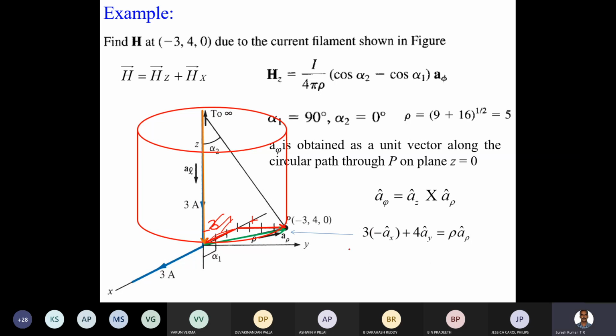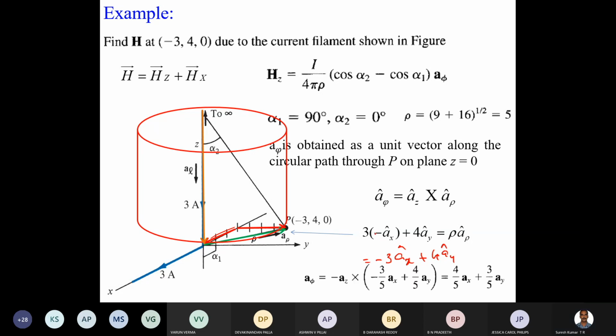While writing, there was a copy and paste error. See, rho into the arrow vector is minus 3ax, this length is minus 3ax plus 4ay. While writing in the next equation, I inserted a minus here. Maybe you can check it later. So this will be the answer.